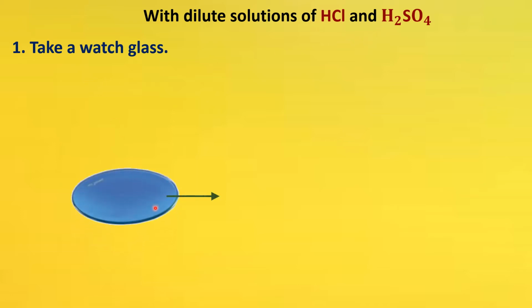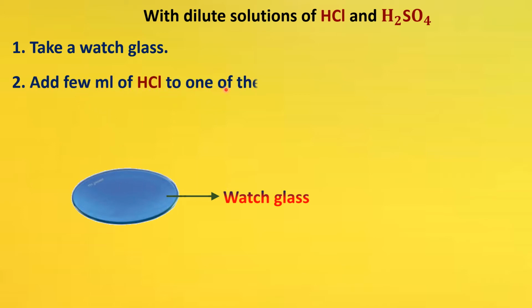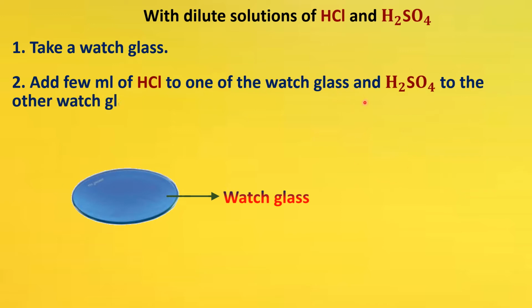This is the watch glass. Okay. Now we have to add a few ml of hydrochloric acid to the first watch glass, and later on we'll take another watch glass and then we'll add sulfuric acid to that.